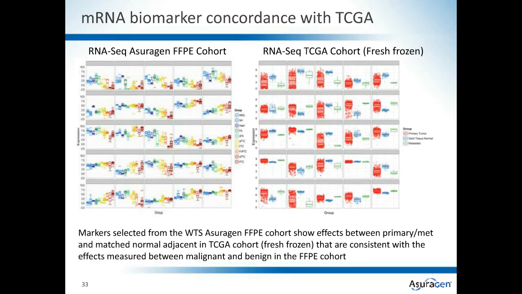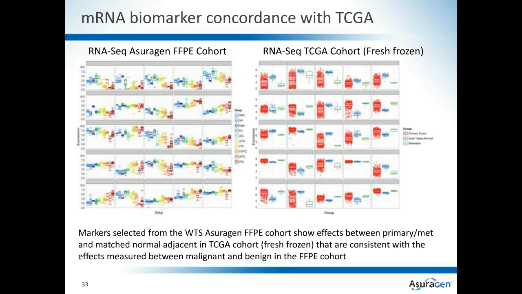The plot on the left is showing the FFPE cohort with each marker plotted in a different panel. The y-axis is the expression level of the marker, and the samples are broken out based on their respective subtypes. The benign samples are colored in blue and green, and the malignant samples are colored in orange, yellow, and red.